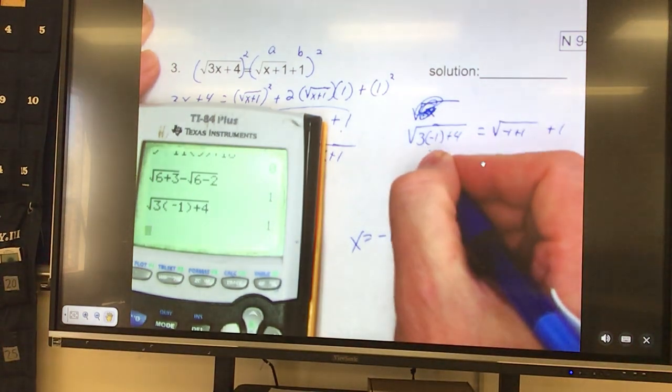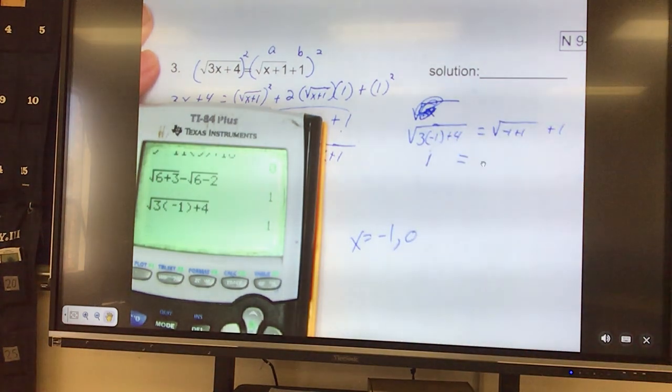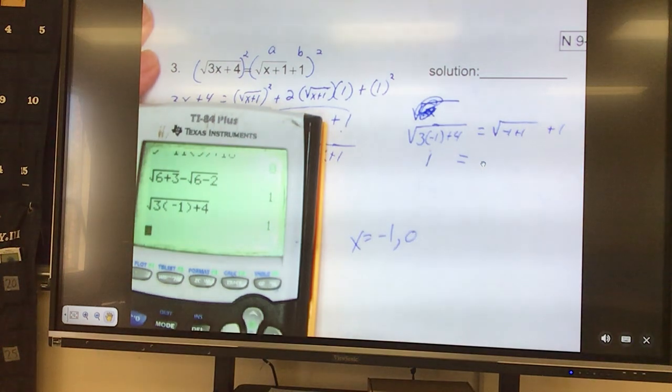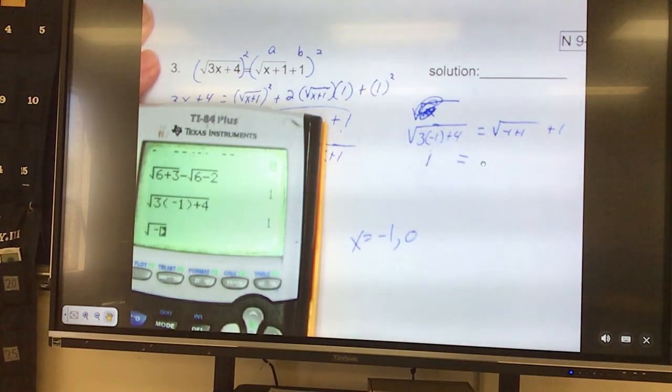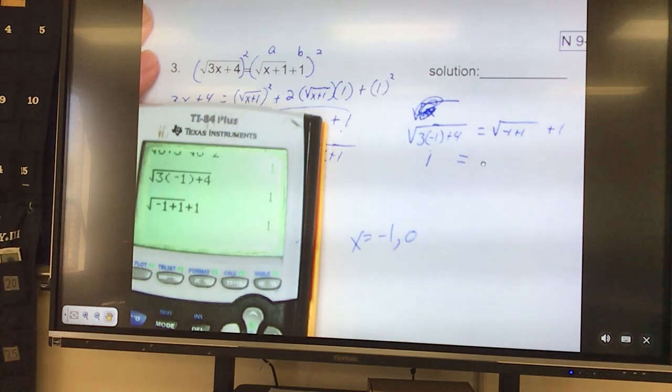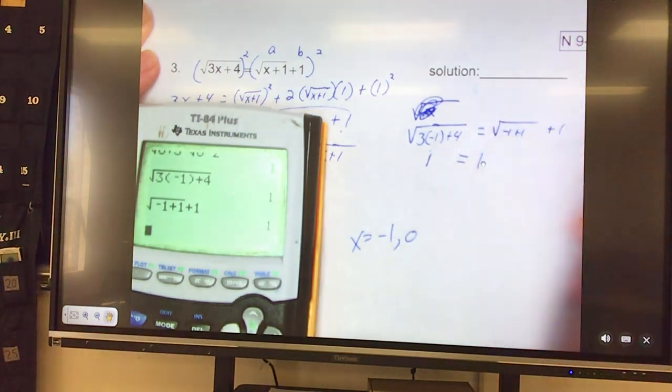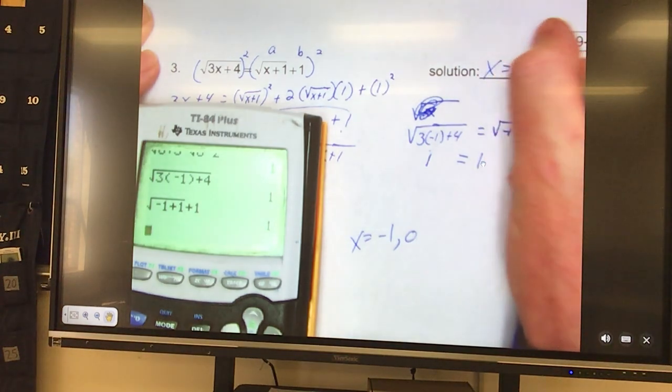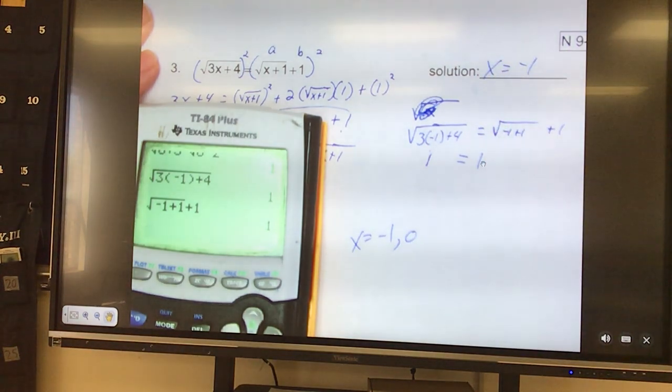So this side is 1, equals, let's do this other side now. Okay, so second square root, negative 1 plus 1, move out from underneath, plus 1, hit enter, and it is 1. So we know one solution is definitely negative 1. So I went ahead and wrote it up there.